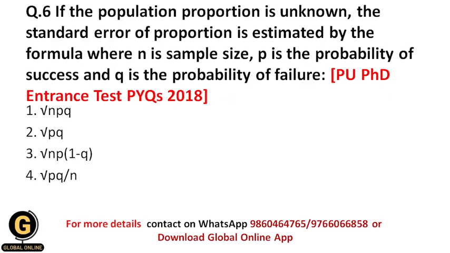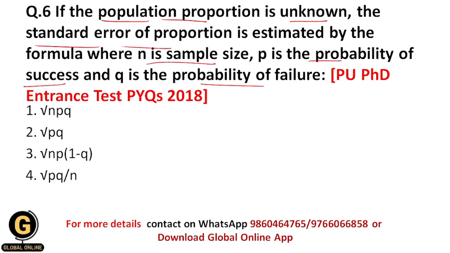If the population proportion is unknown, the standard error of proportion is estimated by the formula, where n is sample size, p is the probability of success, q is the probability of failure. So students, whenever we don't know the value of the population proportion, and we want to calculate the standard error of proportion, what is the formula?